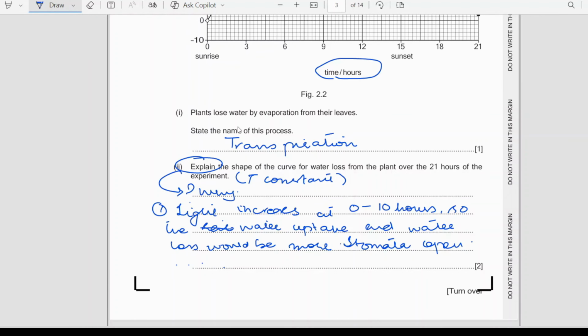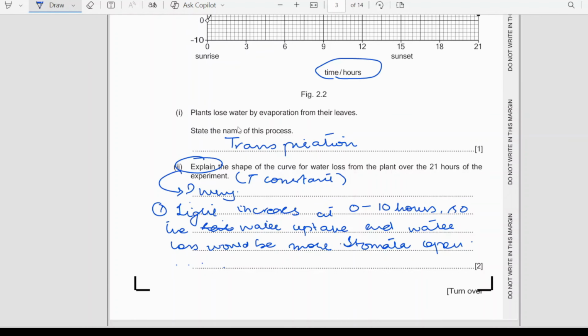Stomata close, right? No, no, it would be flaccid. So as the light intensity increases from 0 to 15 hours, the stomata open and there would be more water loss. But after 15 hours, the stomata would close, due to which the water loss would be reduced.